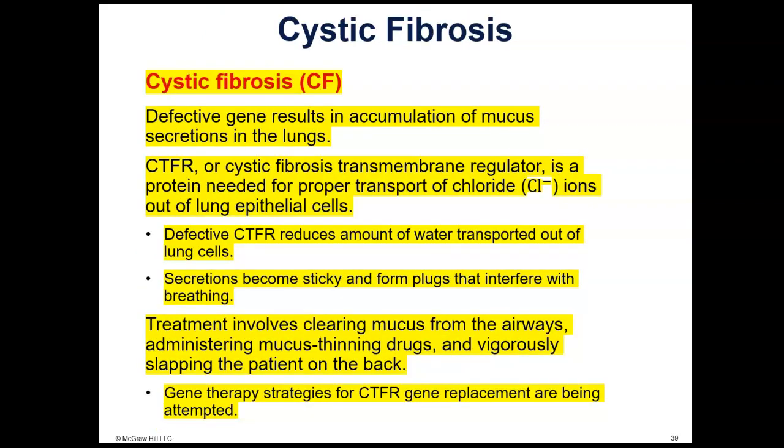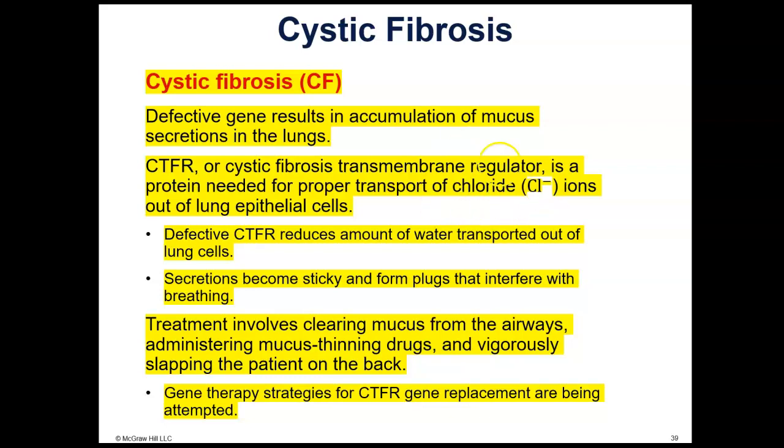Then we have cystic fibrosis, which is a genetic disorder due to a recessive gene that is inherited from both parents. A child who gets cystic fibrosis will have the accumulation of a very thick mucus in the lungs, and this also affects their pancreatic ducts.